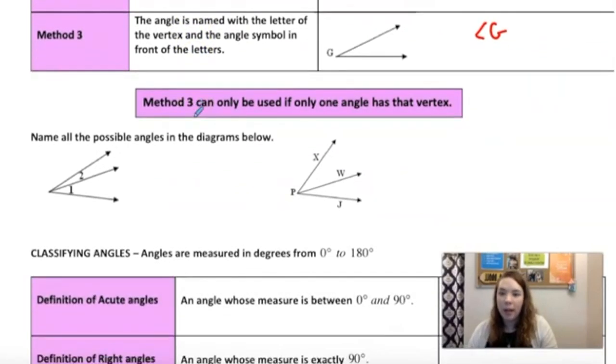Name all possible angles in the diagram below. So you have angle 1, angle 2, but then you also have this third angle where they would be combined. Okay, but they didn't label them, so we'll leave it off our list. This one, we have XPW here.